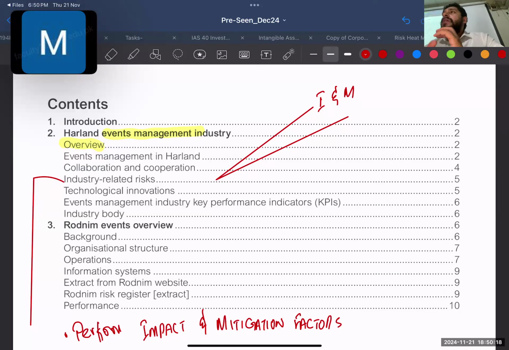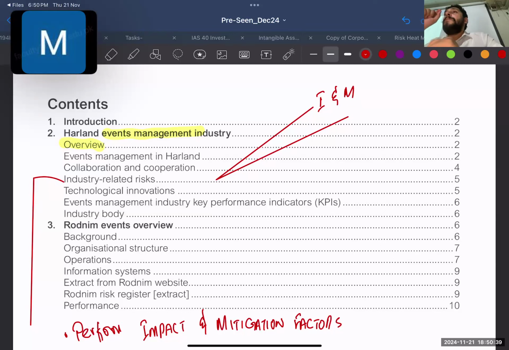And 2 to 3% of the students tried finding their own risk and then creating an impact and applying a mitigating factor. So they were awarded 0 marks because they did not carefully understand the requirement of the question. So please make sure that you read the question carefully.